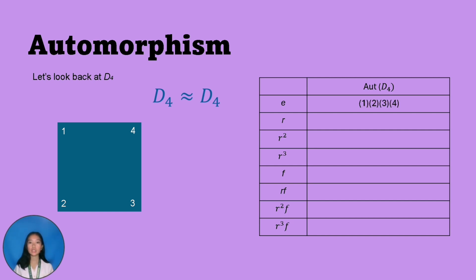So E stays the same, and in R, 1 goes to 2, 2 goes to 3, and so on. As we can see, all of these are automorphisms because 1, 2, 3, and 4 are used in all of them. They just change positions. And if we collect all of them, it's called the automorphism group of G.